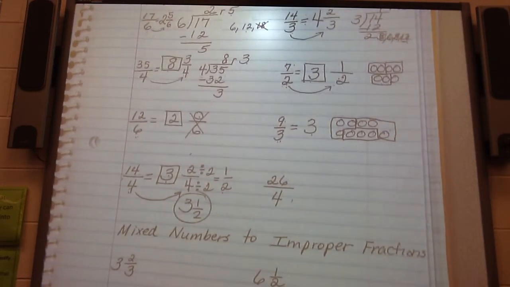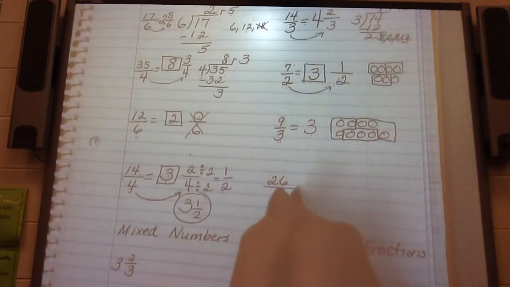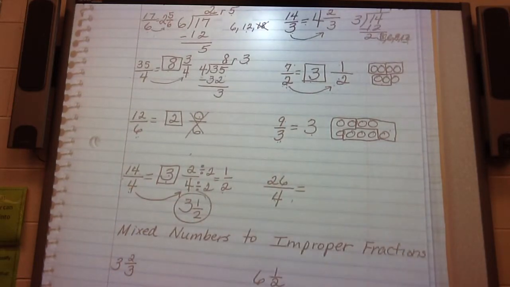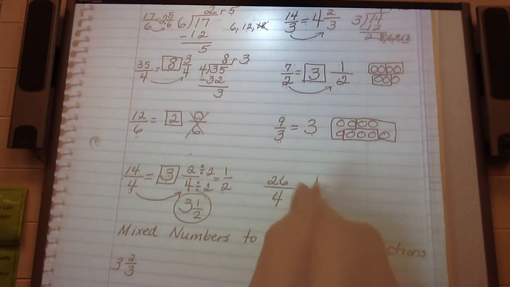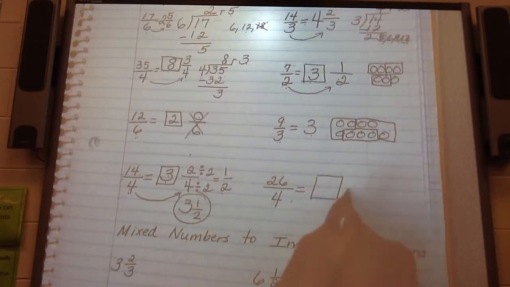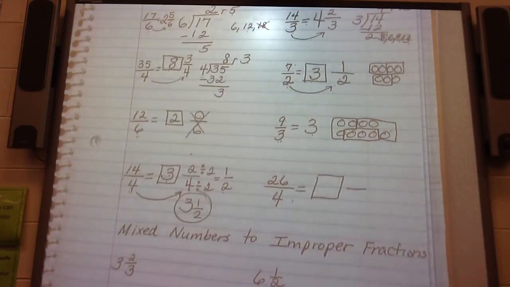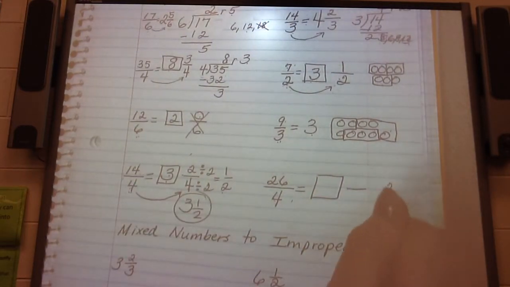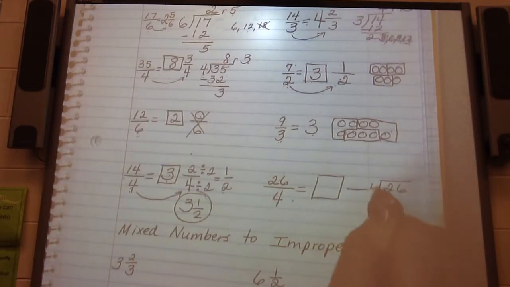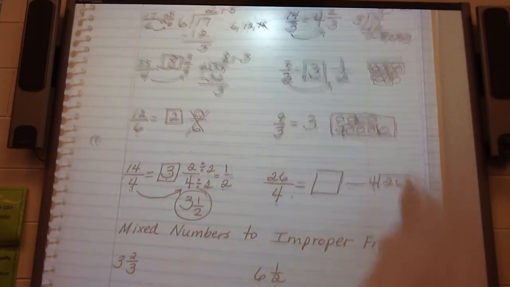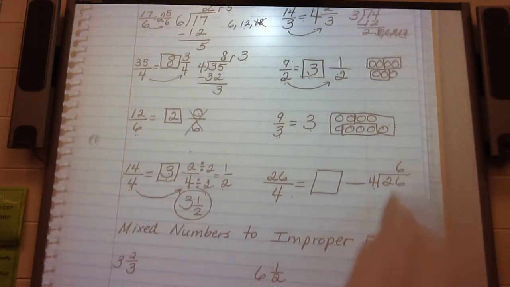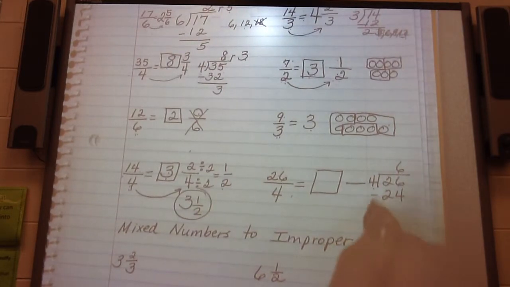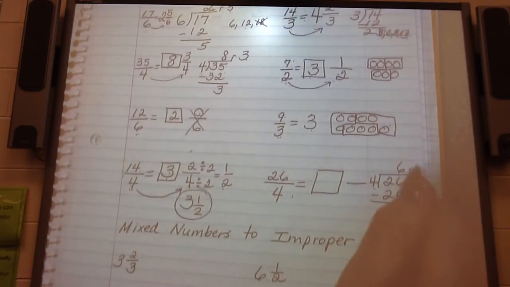And likewise, we're going to look at this one in here. Again, you wouldn't want to draw 26 circles, but you know what? If you didn't know the answer, you could always do it and it would work. In this case, you could also divide. You could just go over to the side and say 26 divided by 4. I know that 4 times 6 is 24, so that looks like it's awfully close. I have a remainder of 2.